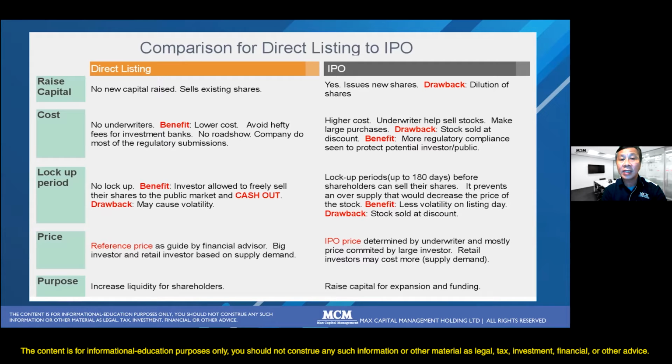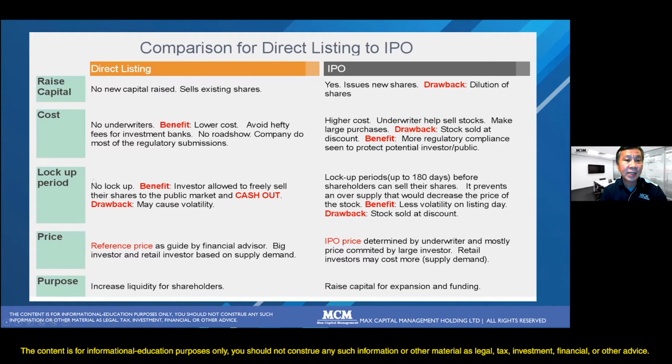As for IPO, the cost can be higher for a company because underwriters help to sell the stock and do large purchases. The drawback is stock will be sold at a discount. However, the benefit that most people see is that more regulatory compliance will be done by underwriters and seen as to protect potential investors and also the public.